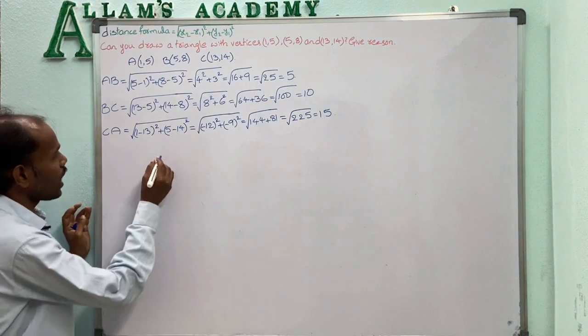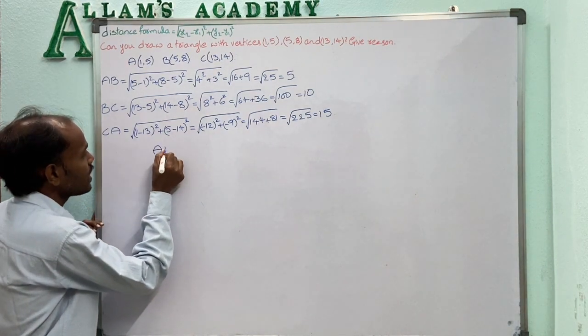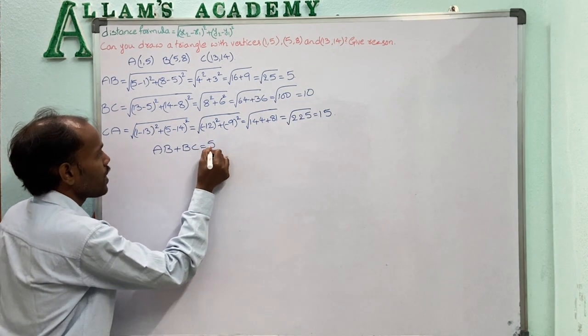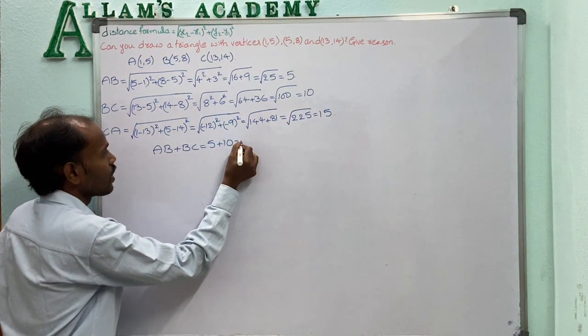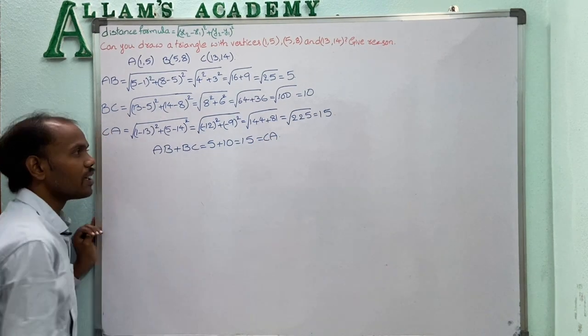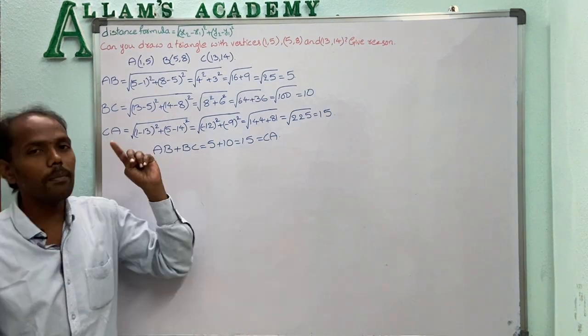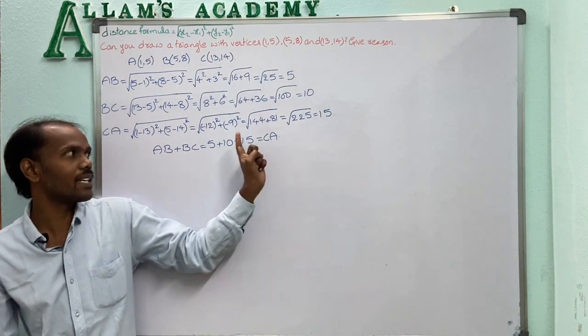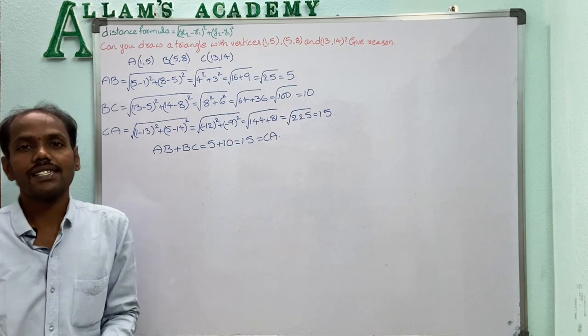Now here if we observe, the lengths AB plus BC, that is 5 plus 10, is equal to 15, that is equal to the length of CA. But for forming a triangle we need AB plus BC to be greater than CA.